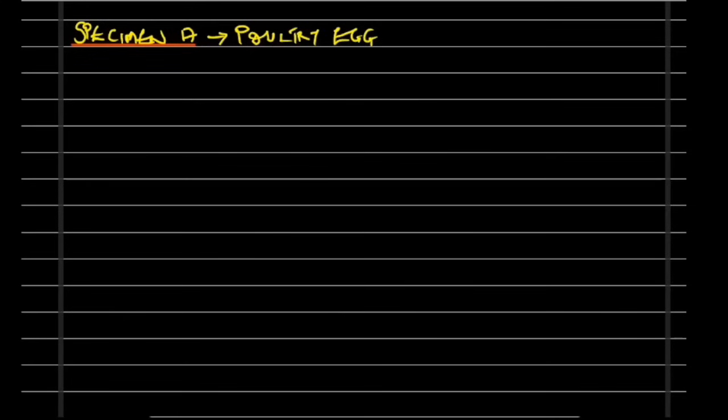Inside the egg we have so many materials like the vitelline, we have the yolk, we have the albumin, we have the air sac. All of these are components of the egg. So they are being shielded by what we refer to as the shell.